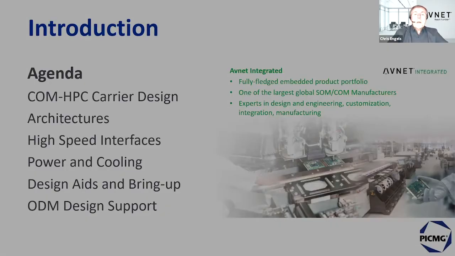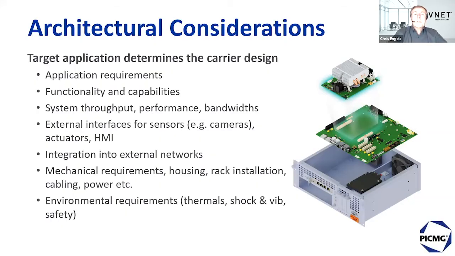We talk about architectural considerations. This is really much about the application itself. So you might have a specific application in mind, a specific equipment you want to develop for your industries and your markets. So we have a set of application requirements which define the functionality and the capabilities of the equipment.